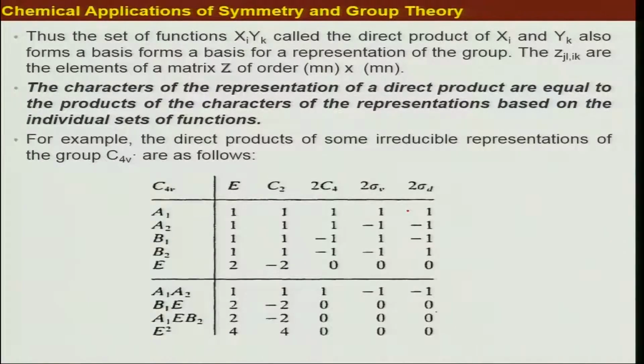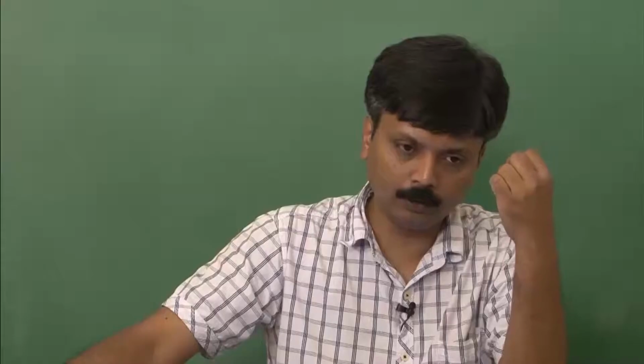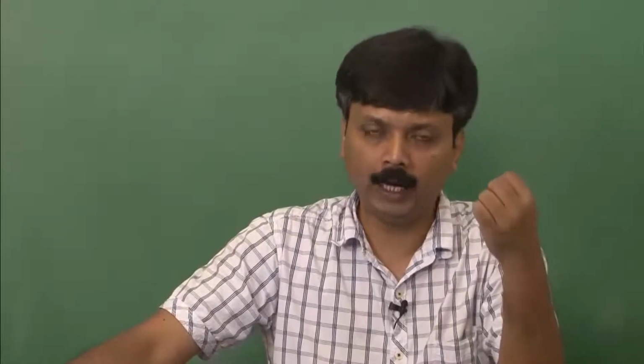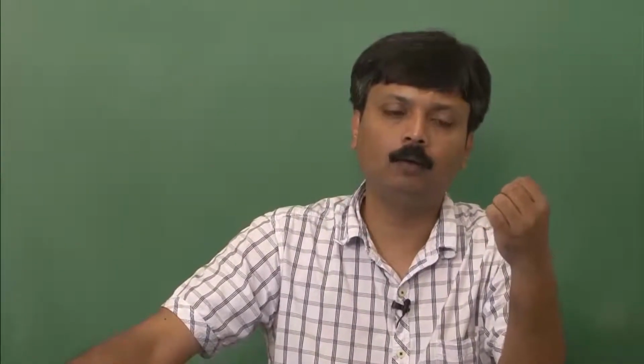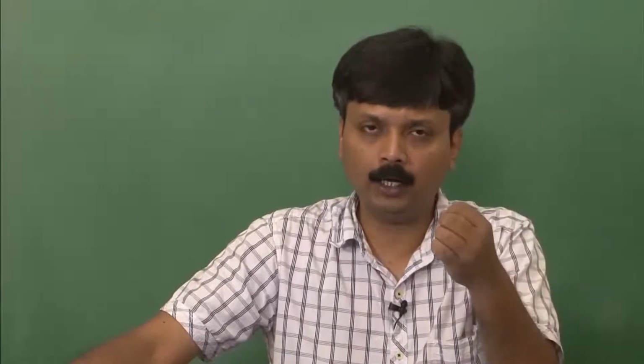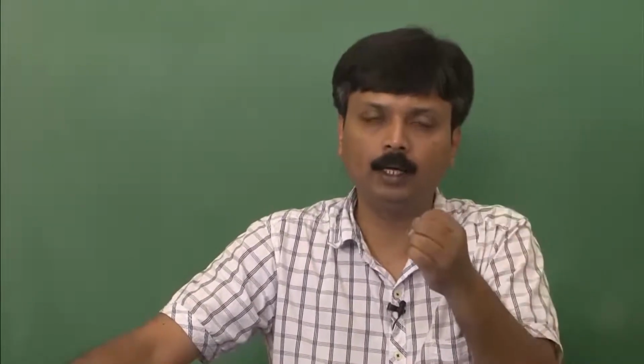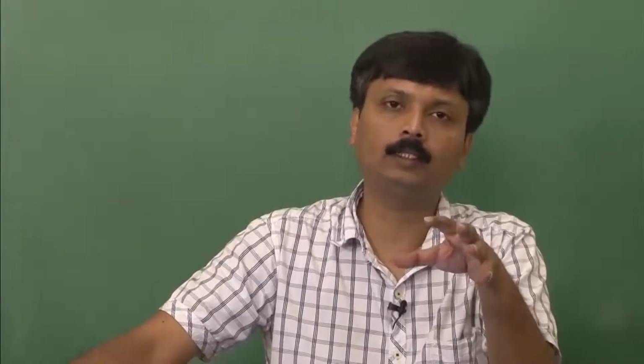It is very similar to the example that we gave in the last class, where you had a wave function which acts as an eigenfunction. Now when you operate a symmetry operation on that, you get R psi i, and that R psi i also acts as an eigenfunction.